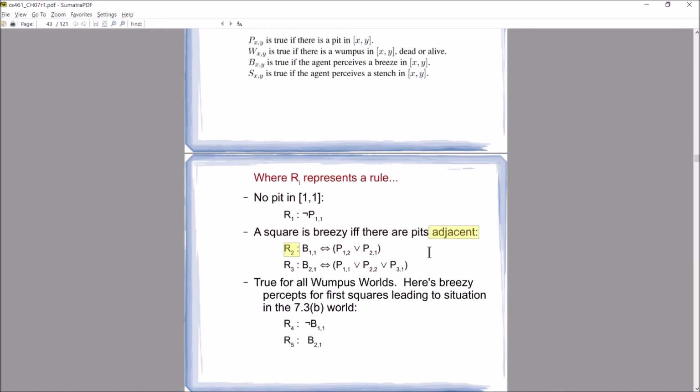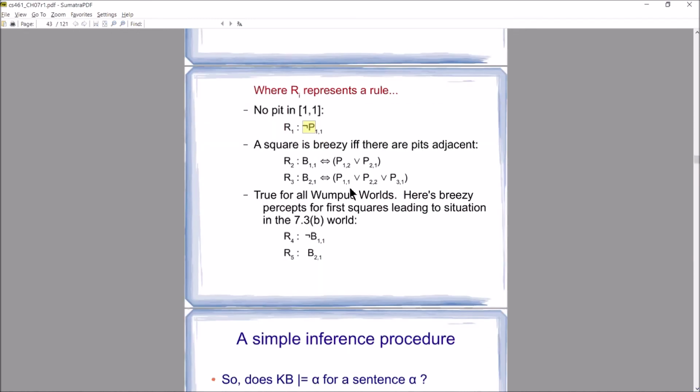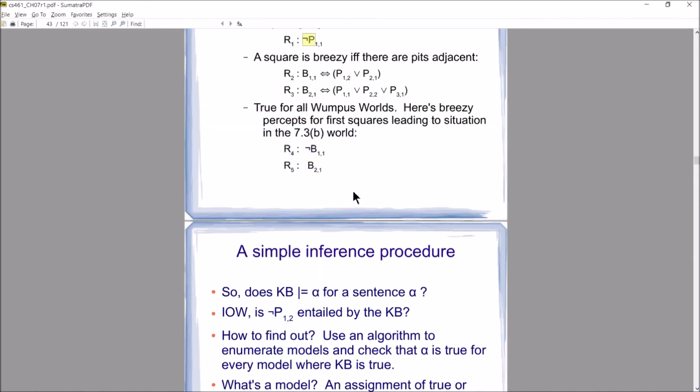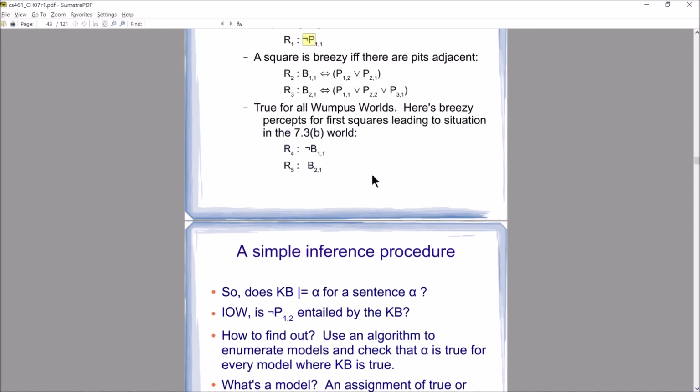So these are claims, rules that are getting added to my knowledge base. I'll let you go through and look at 7.3b on your own, but these are all of the rules that are present in the figure 7.3b world.